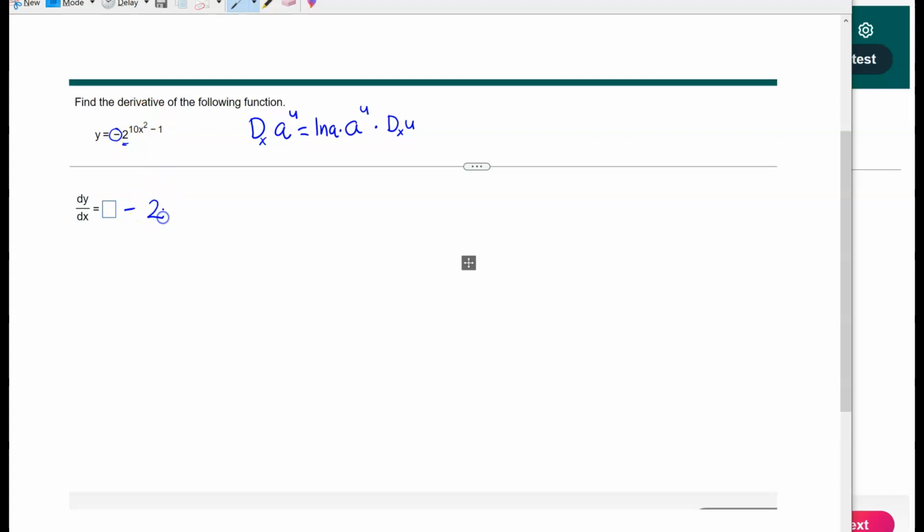So you write negative ln 2, copy the negative sign, and then you write ln 2 times a, so that's 2 to the 10x squared minus 1 times the derivative of u, so times 20x.